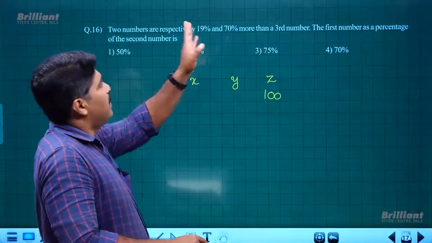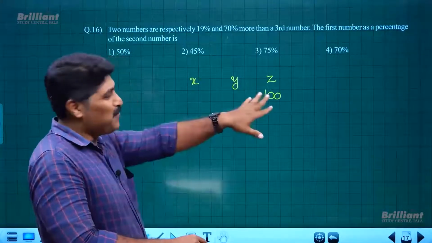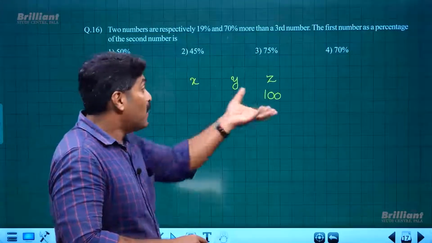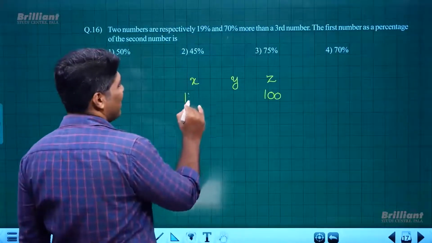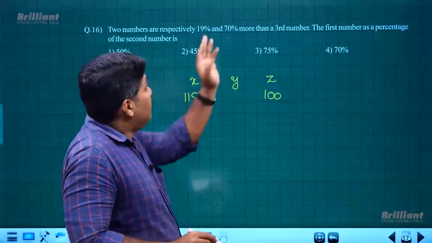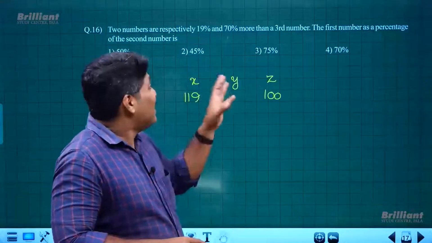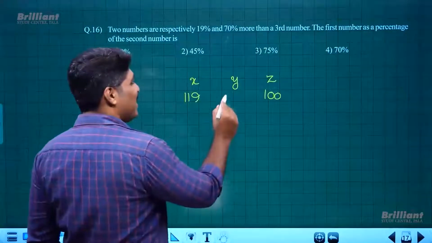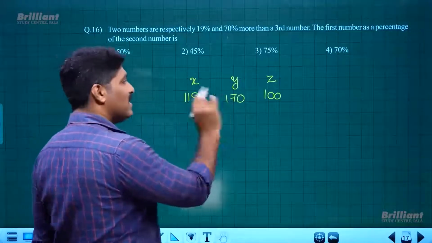The first number is 19% more than the third number. If the third number is 100, what is 19% more than 100? That is 119. Then the second number is 70% more than 100, so the second number is 170. Clear? So this is 100, this is 119, this is 170.